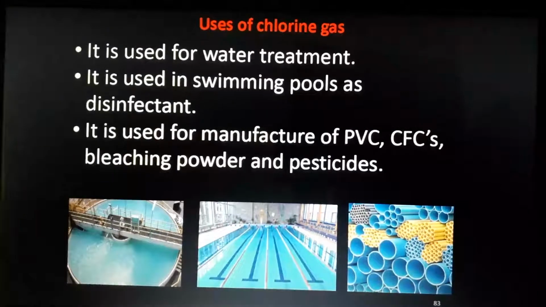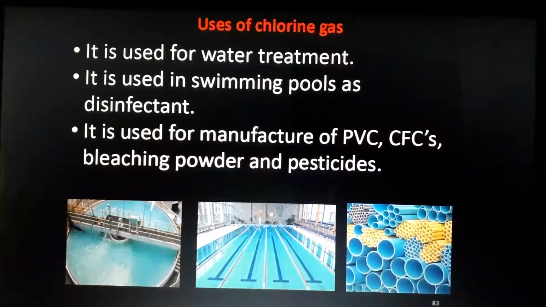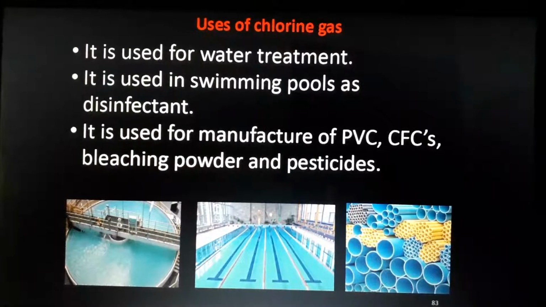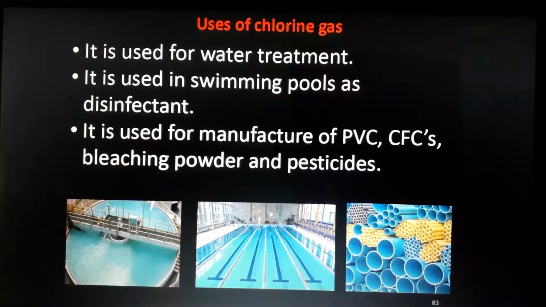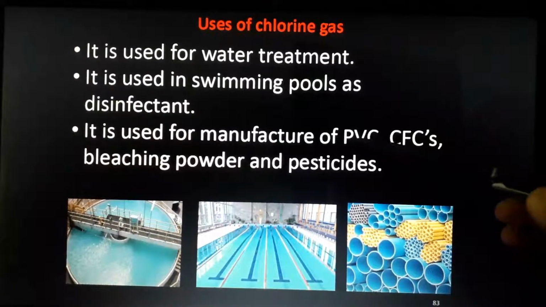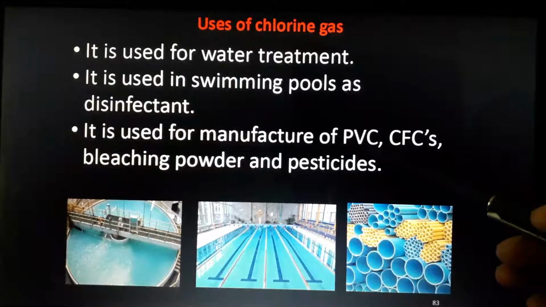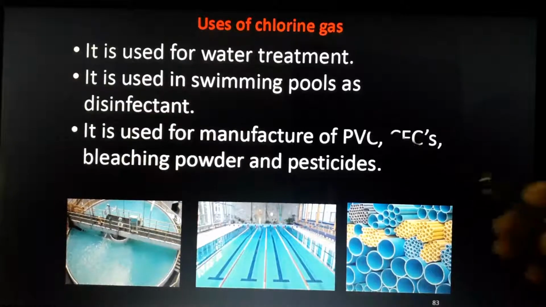Chlorine is very poisonous. That's why it is used as a pesticide and also a disinfectant, and also to treat water. Water treatment means to make water pure from all the bacteria and all. So these are the main uses of chlorine. All three you want to study. Okay. PVC, polyvinyl chloride. If you want, I will give the full form. Polyvinyl chloride. Okay, Ca means chloride, not carbon. Polyvinyl chloride, it is the common form of plastic.